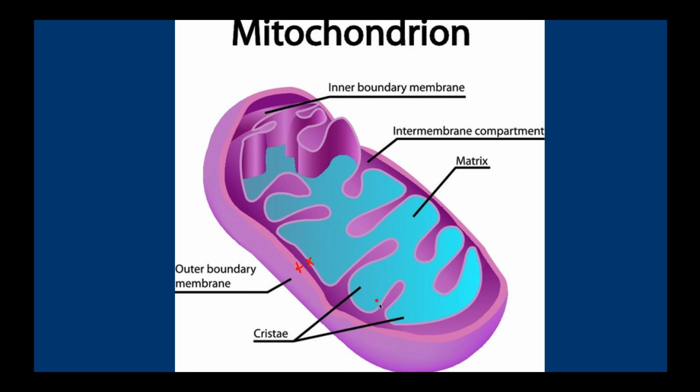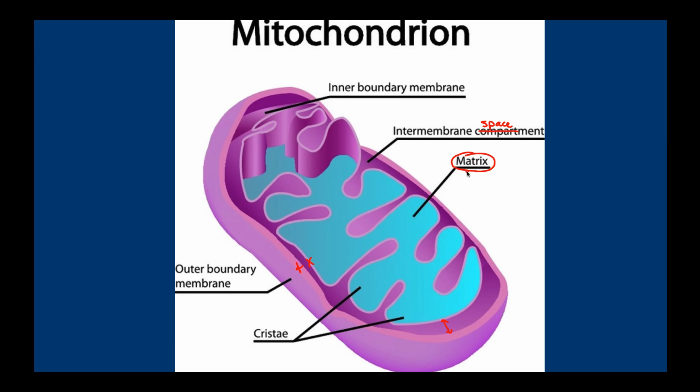Okay, and then it has a space between the outer and inner membrane, and we're going to call that the intermembrane space. This label calls it the intermembrane compartment, or we can just call that the intermembrane space. Okay. In the middle is what's called the matrix.